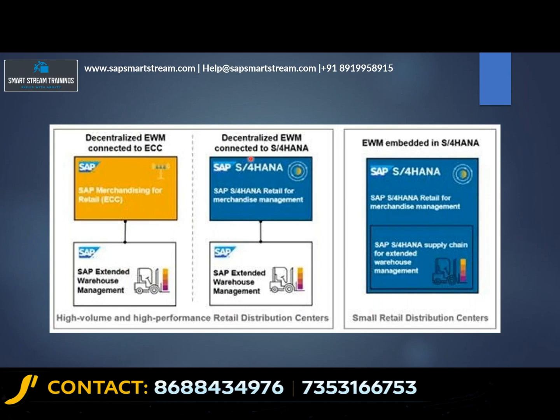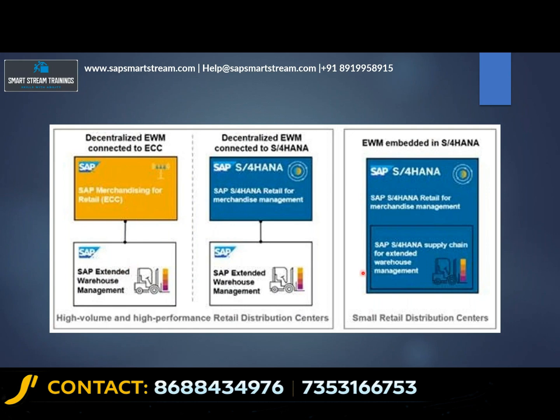In S4 HANA, here you can see embedded, and here you can see decentralized. When we say embedded, it is also called a centralized system. In this centralized system, everything is available in the same S4 HANA. EWM, earlier a different system, and ECC, which contains all the legacy modules, were separate.